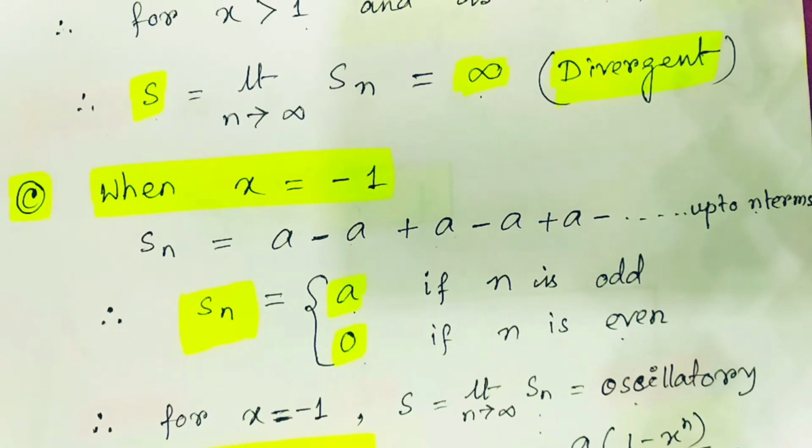So it is very important to determine the range of x for which the given series is convergent.